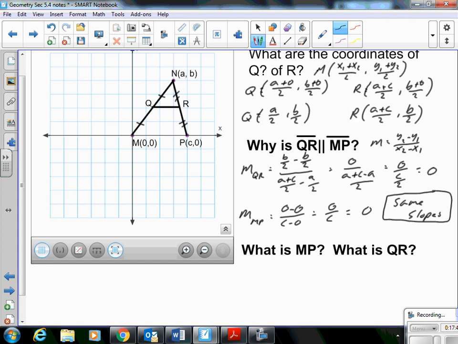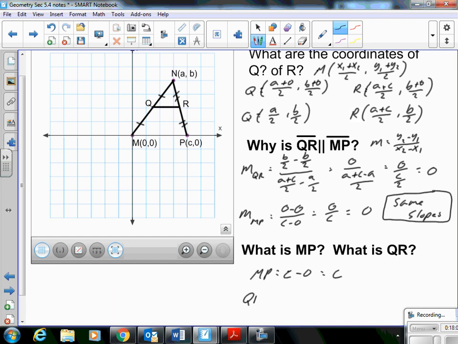That wants to know the length of MP and the length of QR, which for MP, we're just looking at the difference in the x's because those are horizontal lines. So MP is going to be c minus 0, or c.